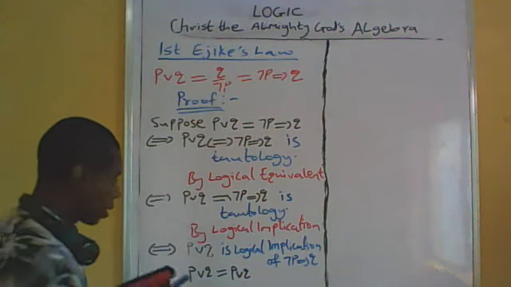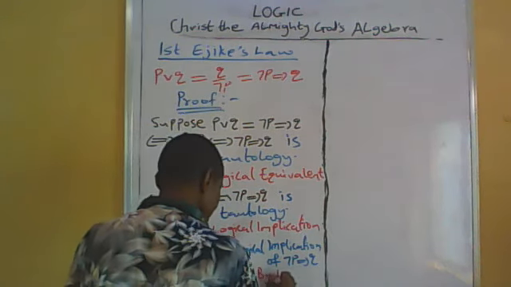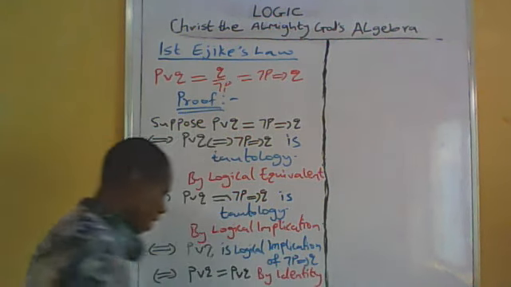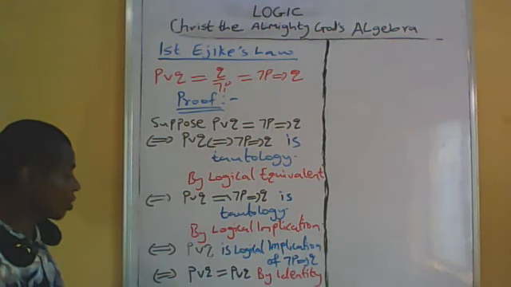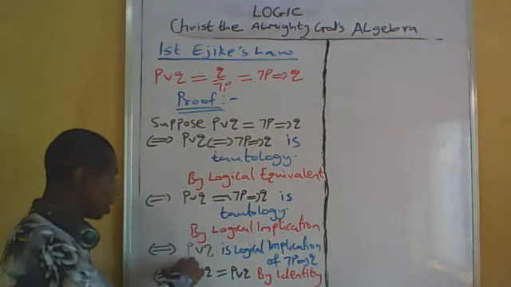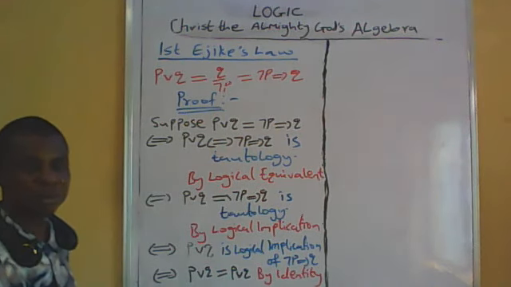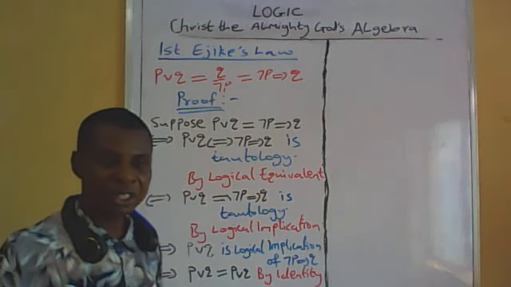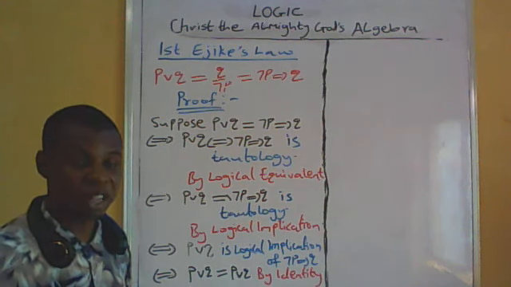being justified by identity. That means the logical implication is equal to itself. And if it is equal to itself, it means that it is logical equivalent.